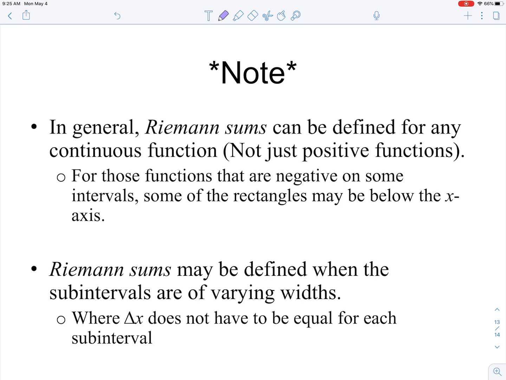So an extra note, in general, Riemann sums can be defined for any continuous function, not just positive functions. So you can also have functions that dip below the x-axis. For those functions that are negative on some intervals, some of the rectangles may be below the x-axis, and you can always think of that as negative area.